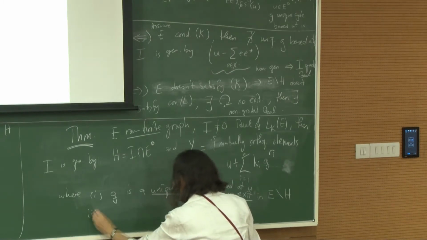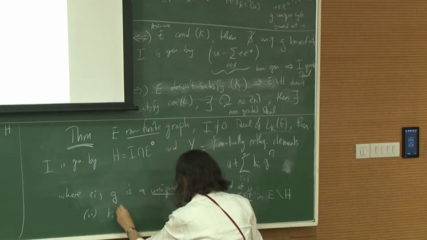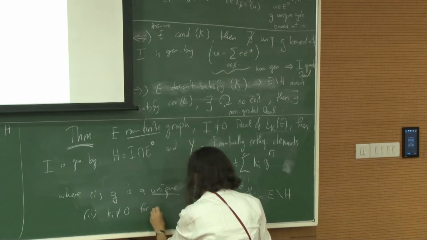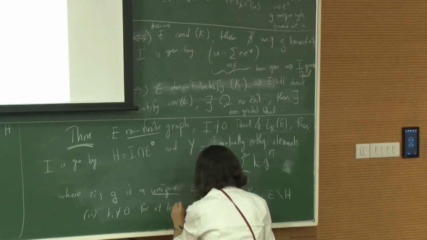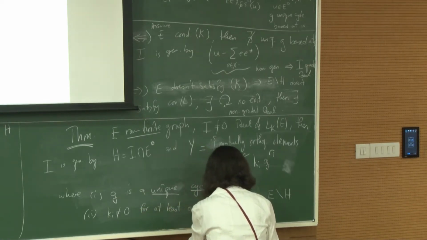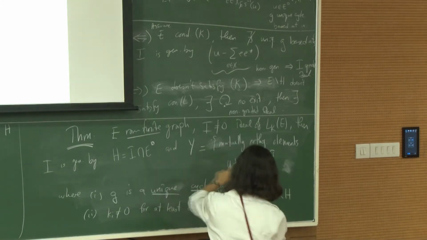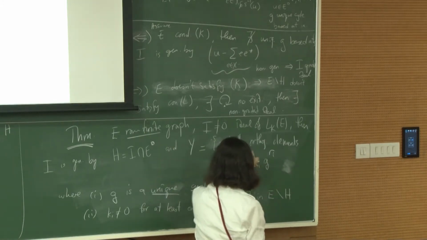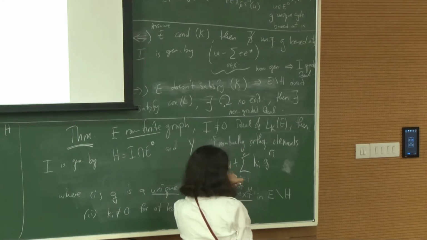And the second one is that f_i is non-zero for at least one i. So this component is non-zero at some point. So you don't end up getting a vertex here.